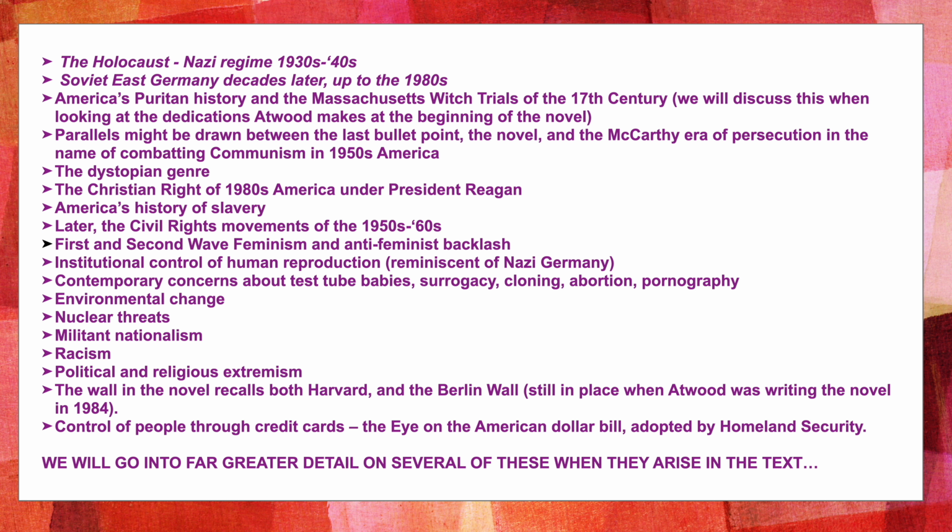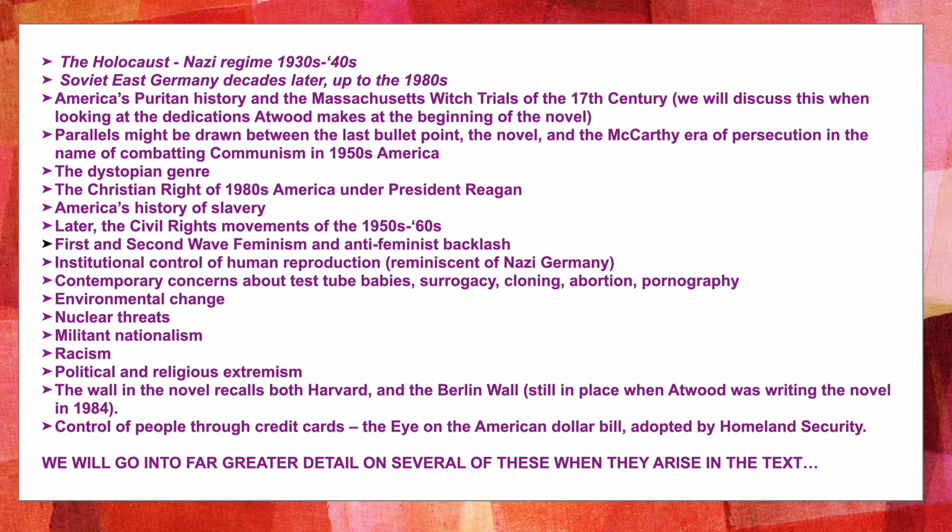Other elements: America's history of slavery. Later, another black civil rights movement of the 50s and 60s under Martin Luther King. First and second wave feminism and the anti-feminist backlash that Atwood and her politics, at least, associate with the Christian right of Reagan's 1980s presidency.